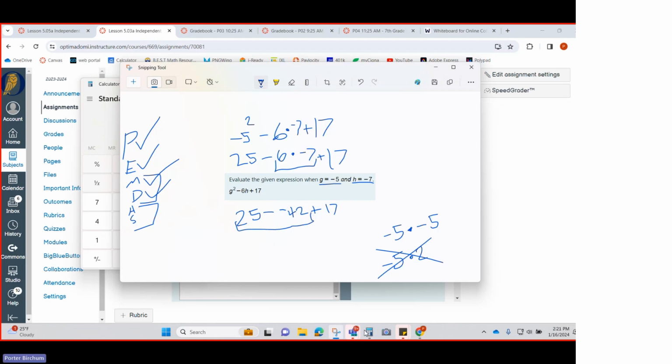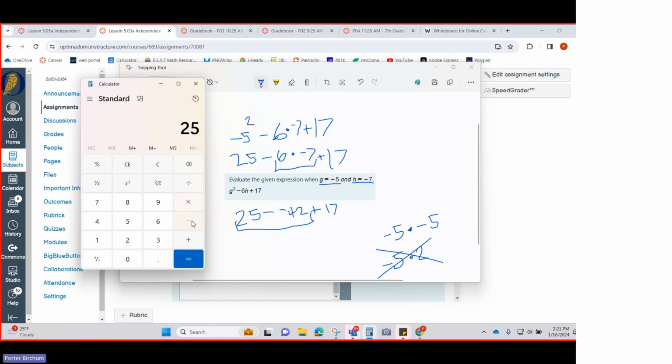25 minus -42. When you subtract a negative, that is the same as adding. So 25 minus -42 is the same as 25 plus 42. The negative and the minus turn into a plus sign.